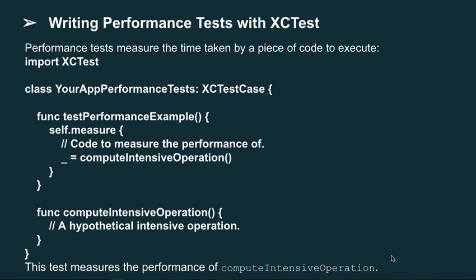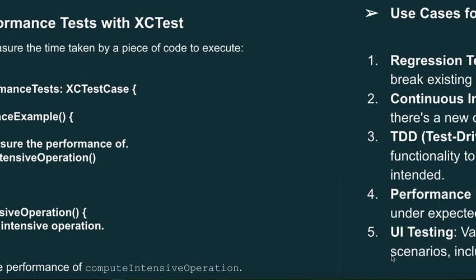Import XCTest, class YourAppPerformanceTests inherits XCTestCase, func testPerformanceExample. self.measure { code to measure the performance of: _ = computeIntensiveOperation() }. func computeIntensiveOperation, a hypothetical intensive operation. This test measures the performance of the compute intensive operation.